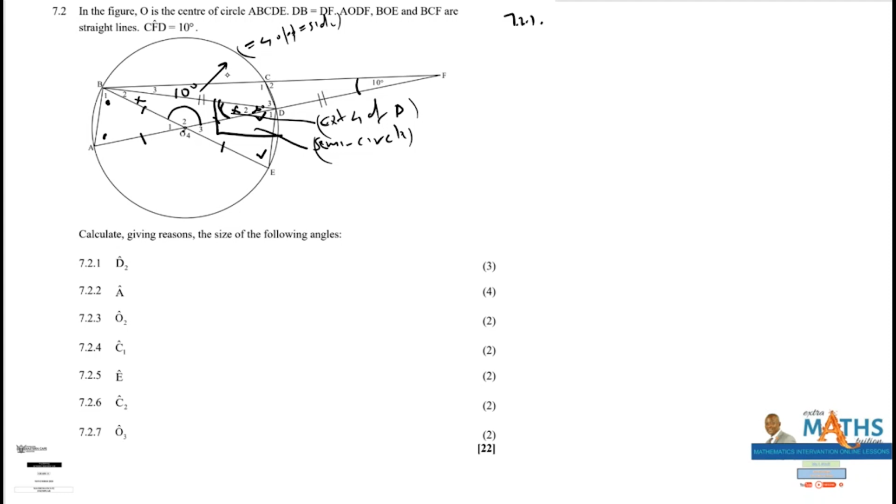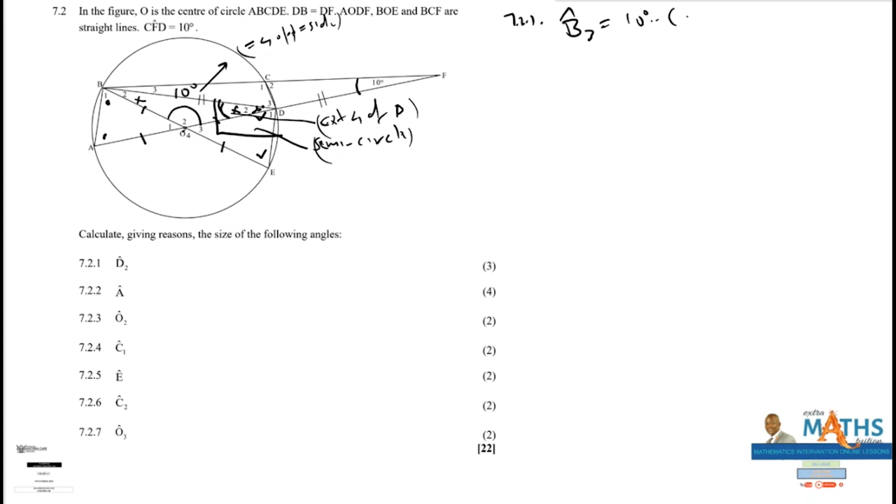Guys, we said D2 is an exterior angle of F and B3. Exactly. But let us start by telling them that we found B3 first, which was not given, and then we say B3 is equal to 10 degrees. Why?